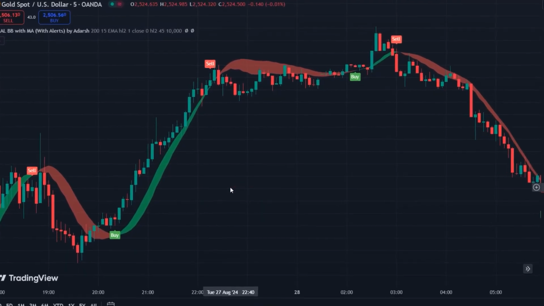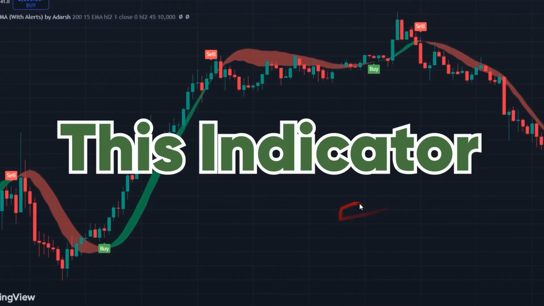Okay, now that we have made all the changes, we need to know how to use this indicator.